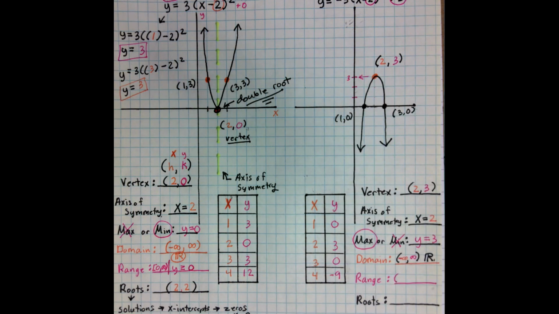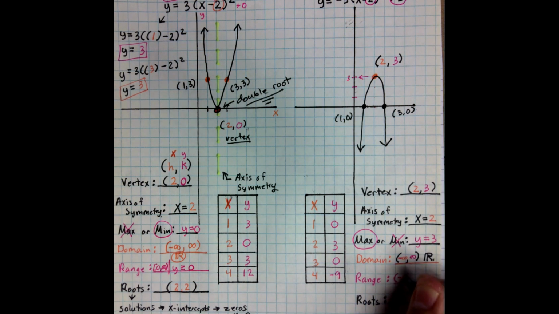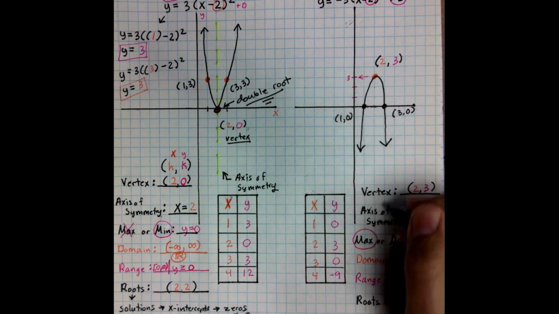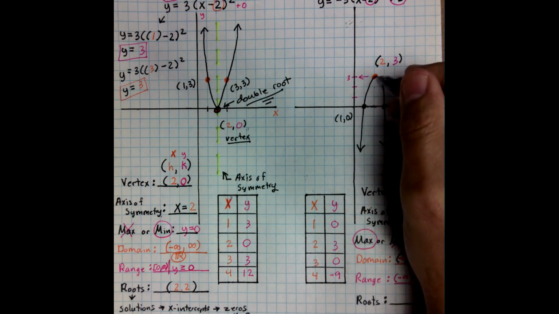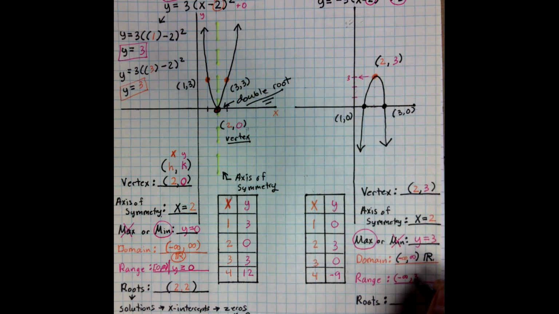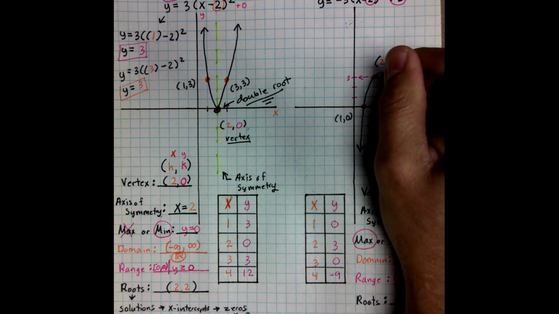So I'm going to put that the furthest it goes down is negative infinity, because it's eternally going down, right? Forever, infinitely, comma, and the highest it goes up is positive 3. So I'm going to put a positive 3 and put my bracket, because it can actually touch that point.